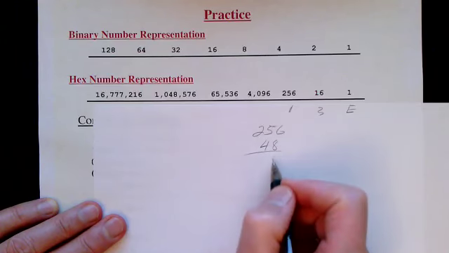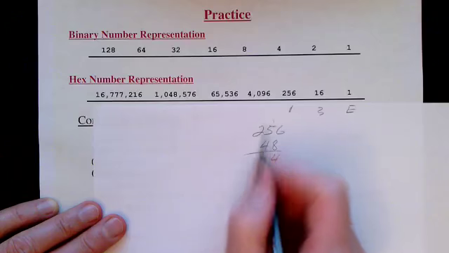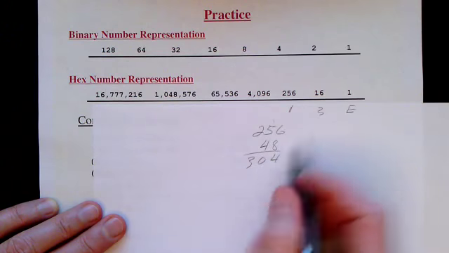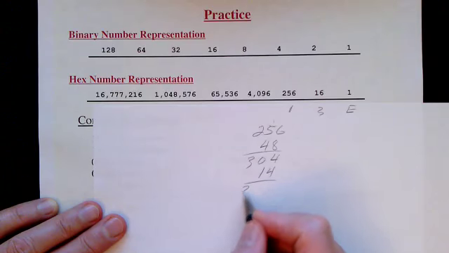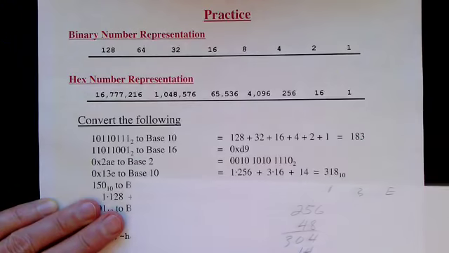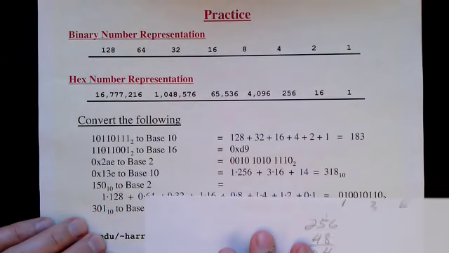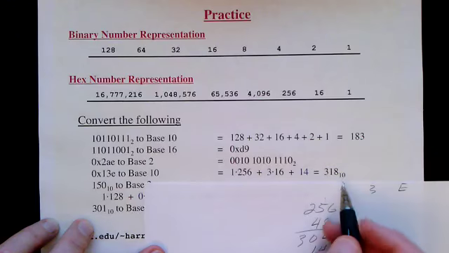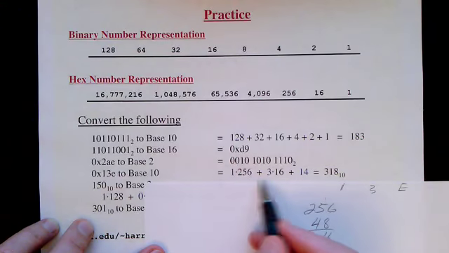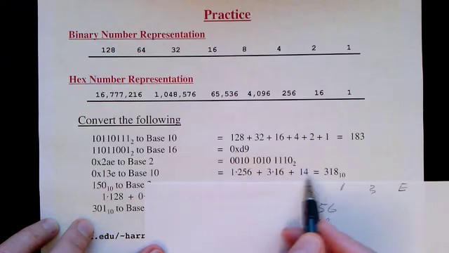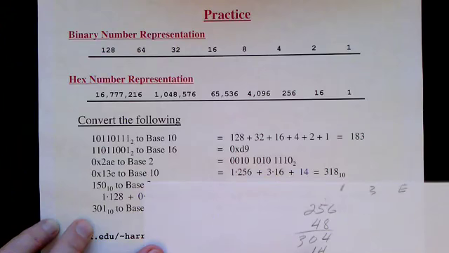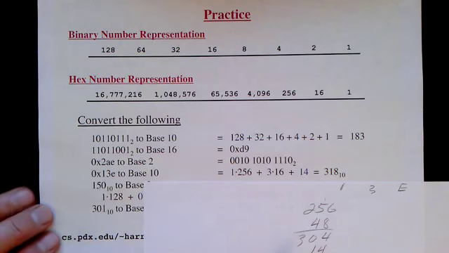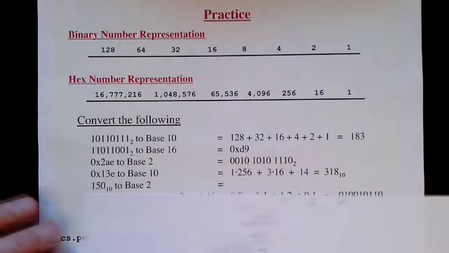So we add those together and we get 304. And then E is 14. So we add another 14. So we get 318. Okay? So 1 times 256, 3 times 16, plus 14. And I've written base 10 here to indicate that it's base 10, in case you might think that it was a hex number.